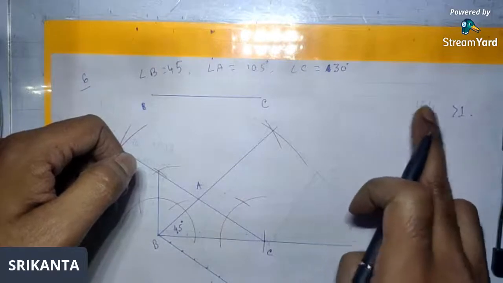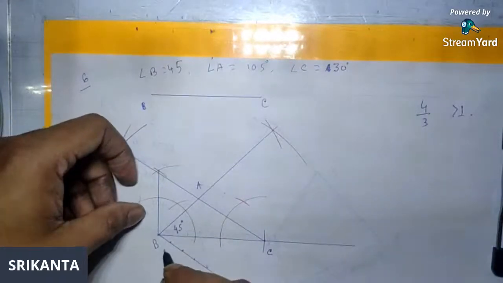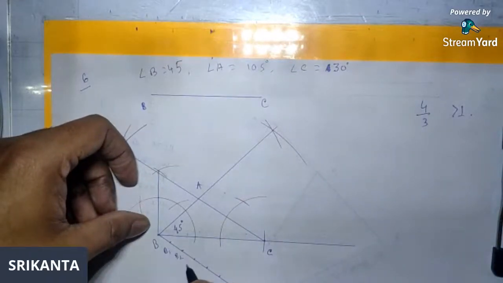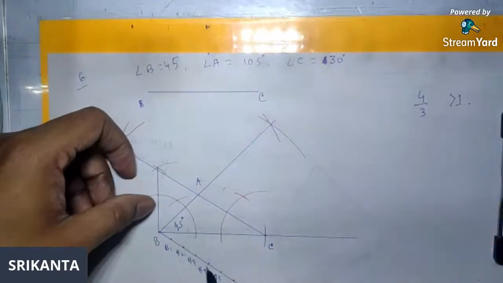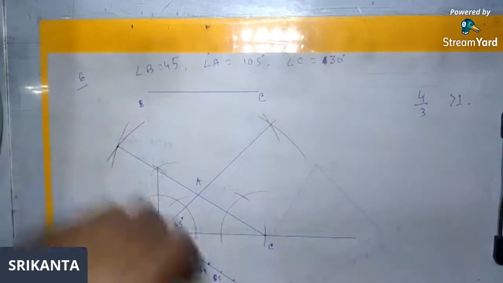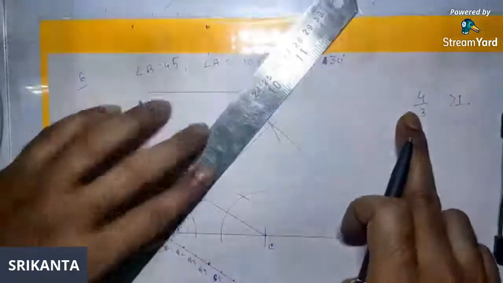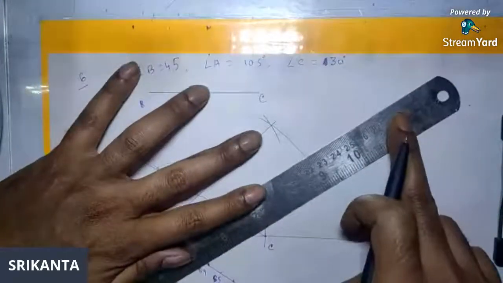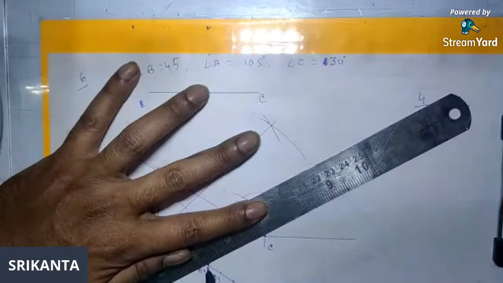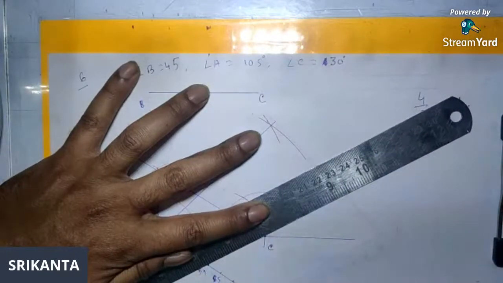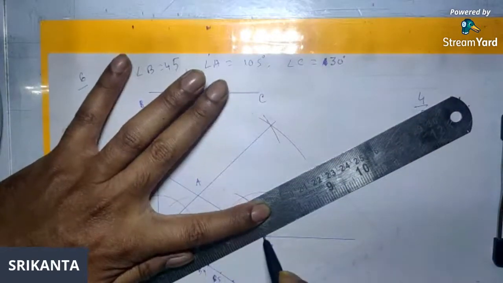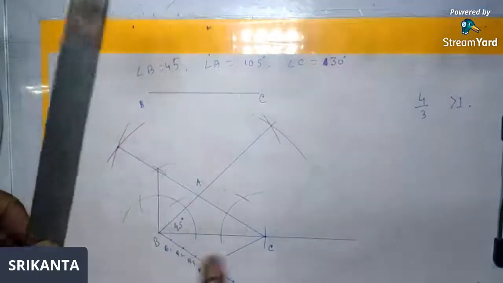Now look at the numerator 4. So here B1, B2, B3, B4, B5, B6, B7. So join B4 with C. Understood? We have talked about this in our previous question also. Join B4 with C.